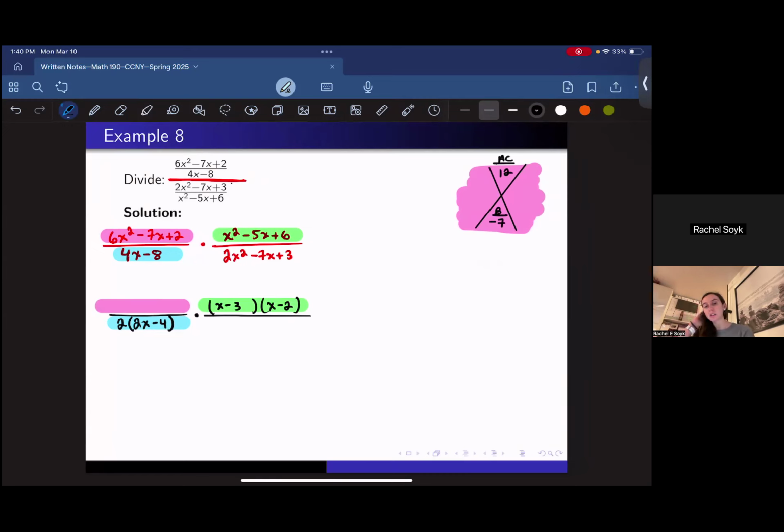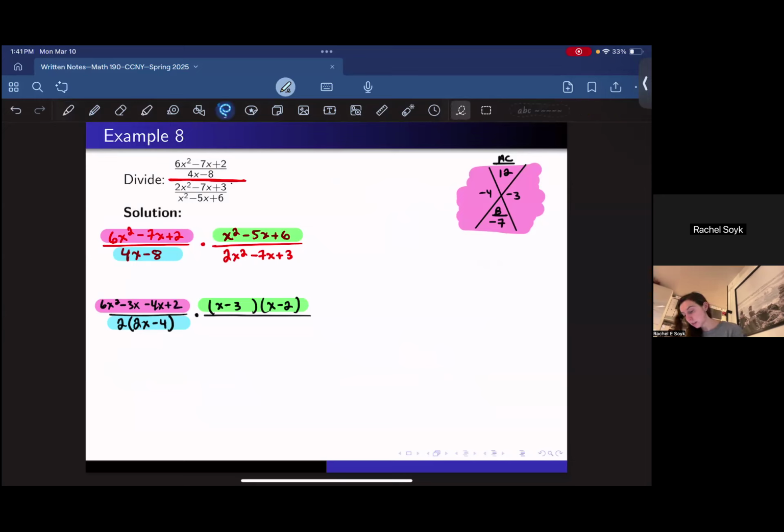What are factor pairs of 12 that add to negative 7? Well, we have negative 4 and negative 3. So we can break this up into 6x squared minus 4x minus 3x plus 2. Or it's better if we do the minus 3x first, the better greatest common factor, and then the minus 4x plus 2.